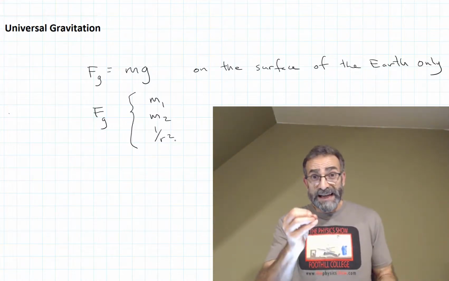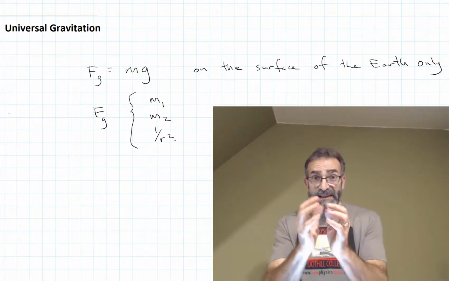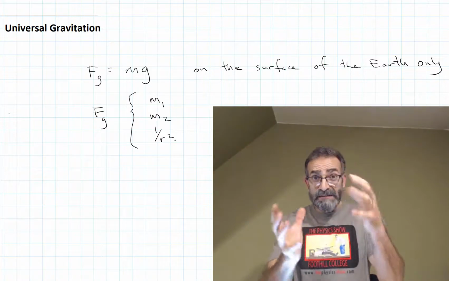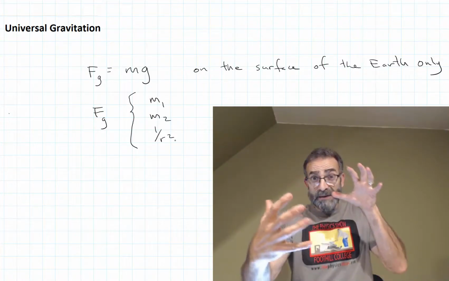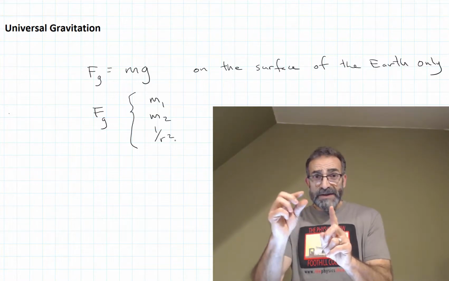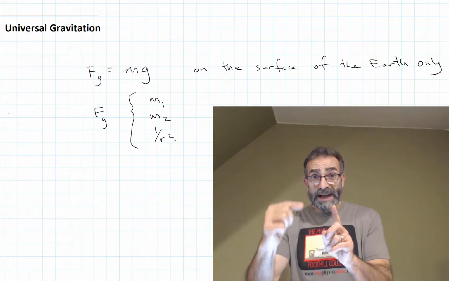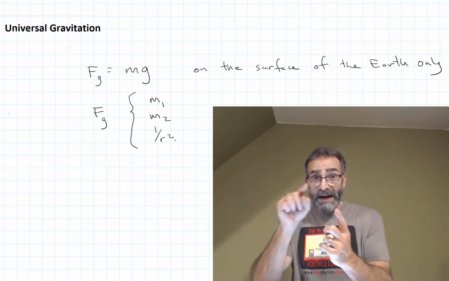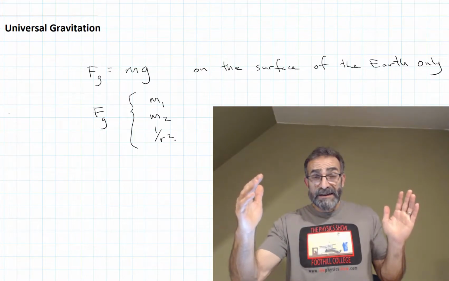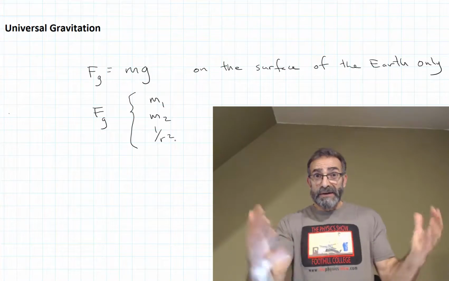So let's take a light bulb, for example. I turn on my light bulb, and light energy comes out in all directions, spherically symmetric. So if I have a point a certain distance away, and I measure the intensity of the light there, how much light is hitting a certain area, and then I go twice as far away, well, that light has spread out over a much bigger area.